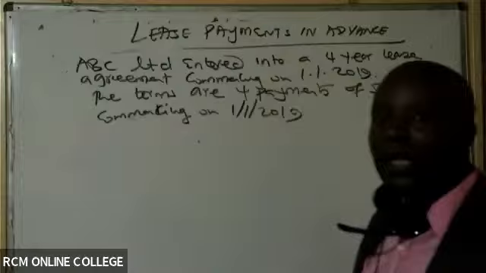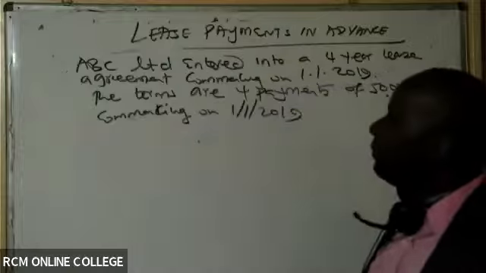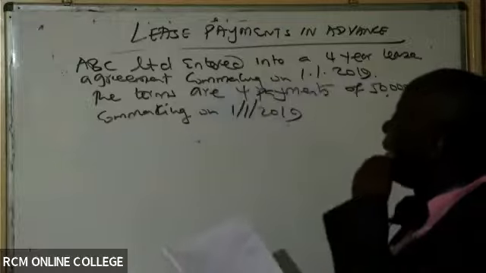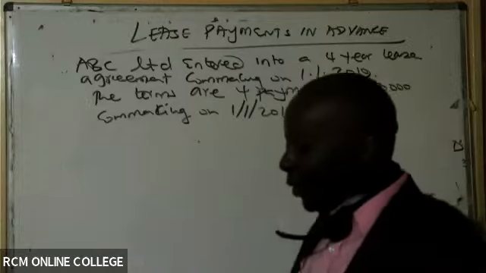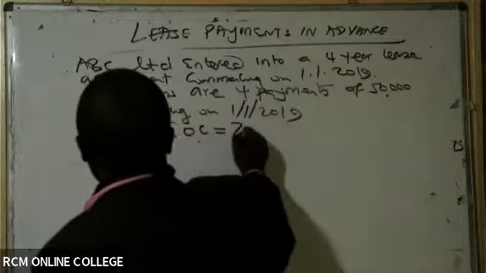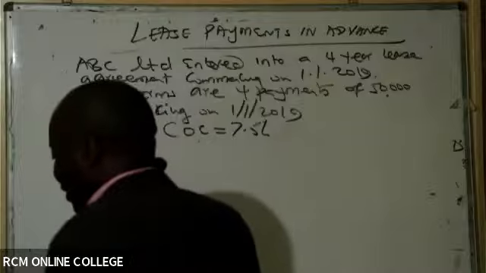So these are payments in advance. You can see we sign up the lease contract like this, and then we are required to pay the 50,000. The agreement is commencing on 1st January 2019, and of course you are commencing to pay. So these are payments in advance. The cost of capital is 7.5%.